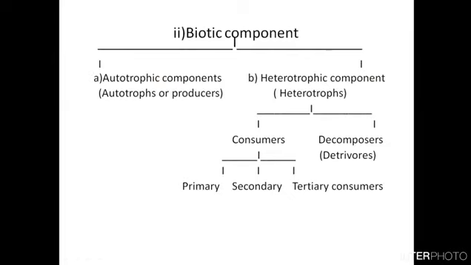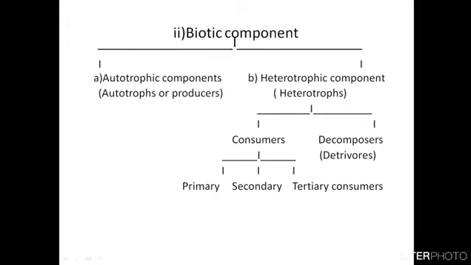So let us take the biotic component in detail. There is no need for us to talk about the abiotic component because they are non-living. Now the biotic component is divided into two, the autotrophic component and the heterotrophic component. Trophic refers to the nutritional requirement, and auto means self.